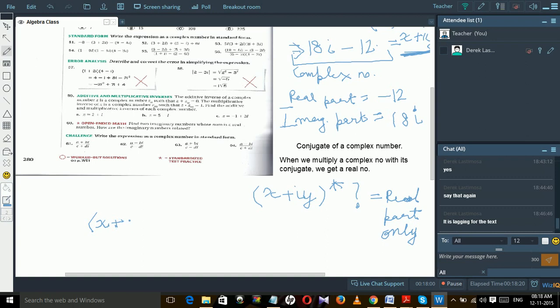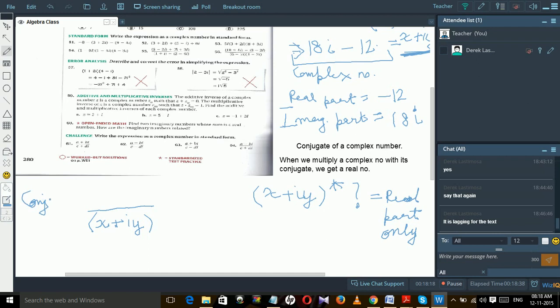So I'll write the conjugate as, like we express it, x plus iota y with a bar over the entire of it.